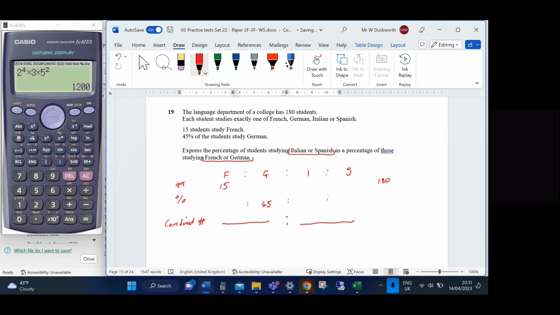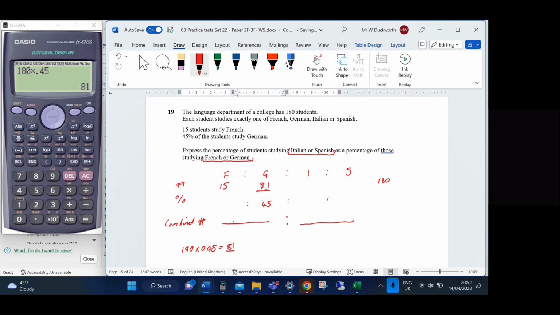So 45% of 180 is going to be my first step. So 180 times 0.45 gives me 81 students who study German. So that's just 45% of 180. And actually, I think that's the only step I need to work out, really. I'll show that that's what I've worked out: 180 times 0.45 is equal to 81.